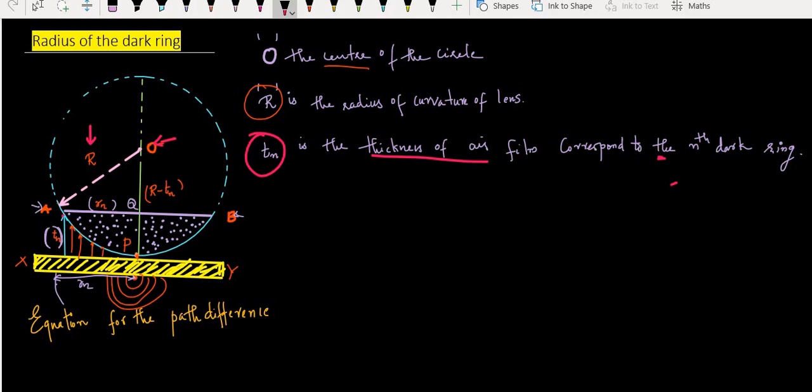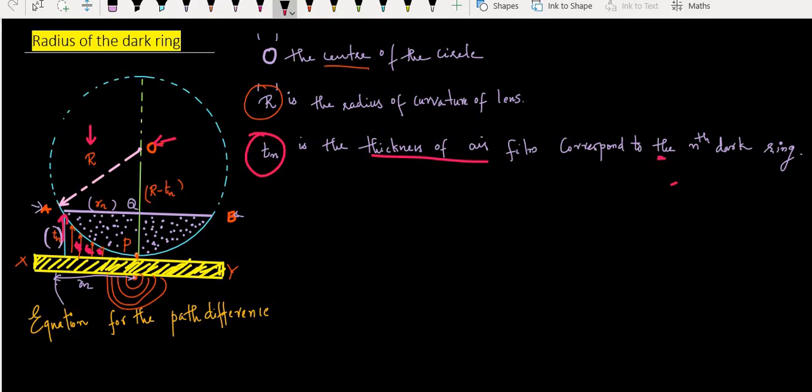Corresponding to the nth dark ring, I have my maximum thickness Tn, which is the thickness of the air film. Suppose this is T1, this is T2, this is T3, like that. The maximum thickness of the air film is Tn. So that is my initial assumptions.